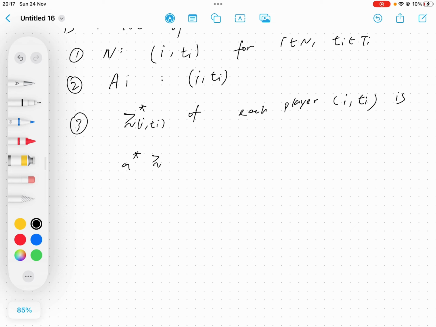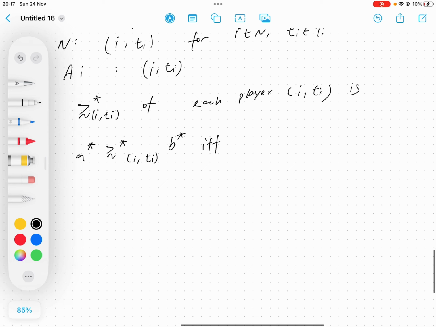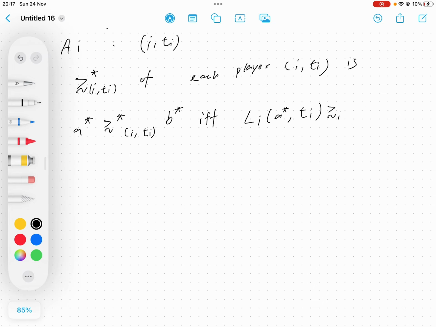So a star is preferred to b star by player (i, t_i) if and only if the agent prefers the lottery, where in this lottery we have the probability of each outcome and the corresponding utility, so that would be the expected payoff, L_i b star t_i.